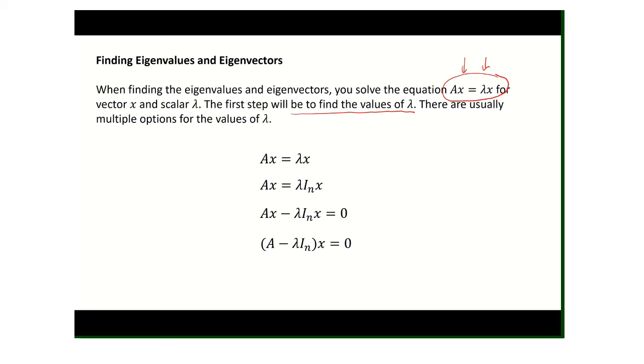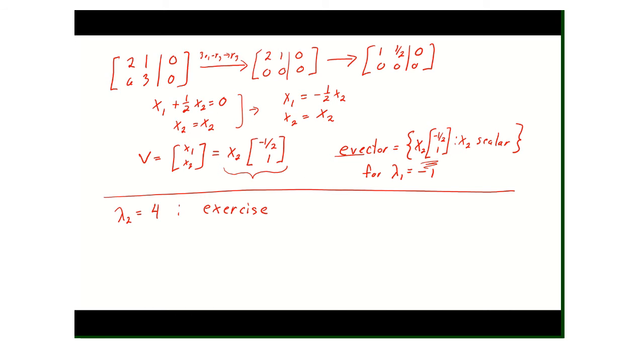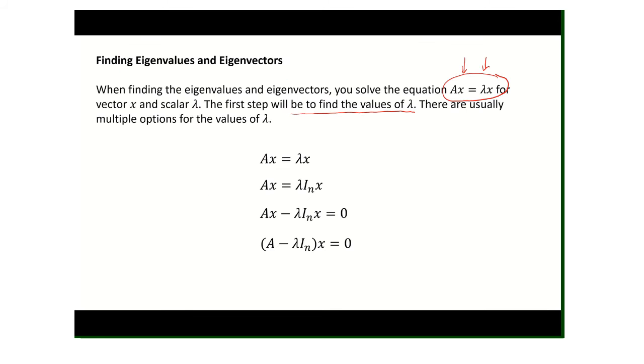So let's manipulate this a little bit. We're looking for a solution to Ax equals lambda x. Well, this is essentially what we did in the last one. For our lambda, we can stick the identity in there, because the identity times your vector is equal to your vector.